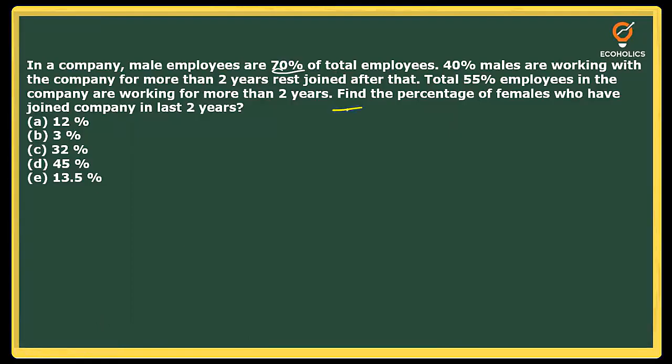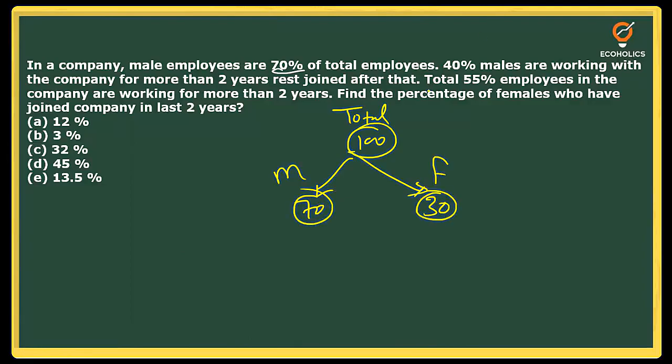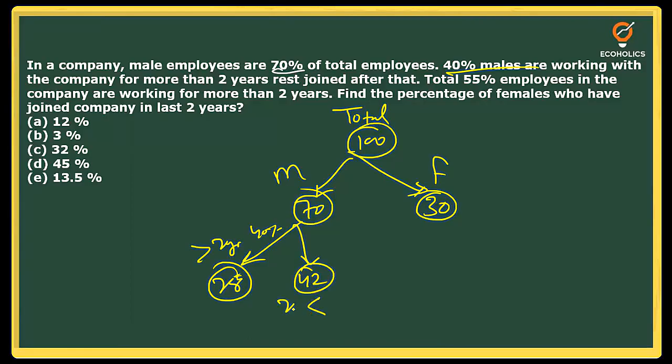So let's say total are 100. So out of 100, 70 are male. Female will be 30. Okay. Now 40% of males are working with the company for more than 2 years. 40% of 70 means 28. So greater than 2 years. Rest 70 minus 28, which is 42. These are less than 2 years.